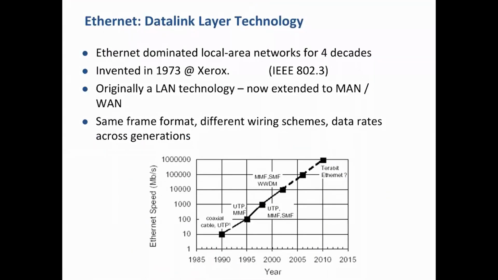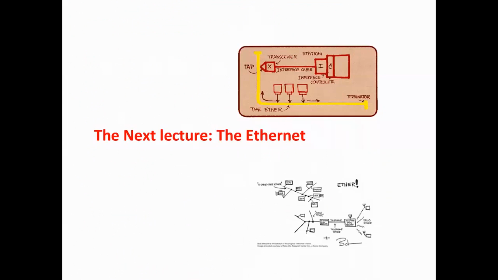Now, when LAN technology started, in the early 80s, there was something called token ring. The whole idea is that there are nodes within an organization or home that need to be connected.